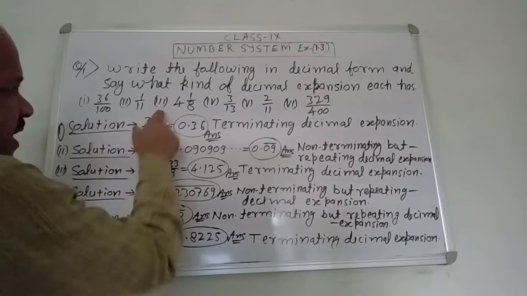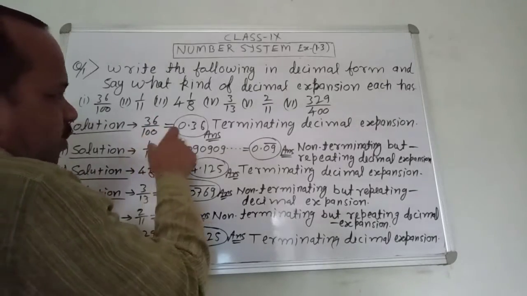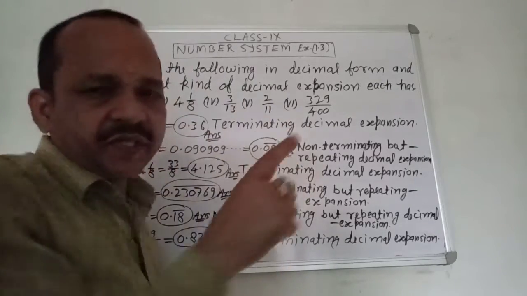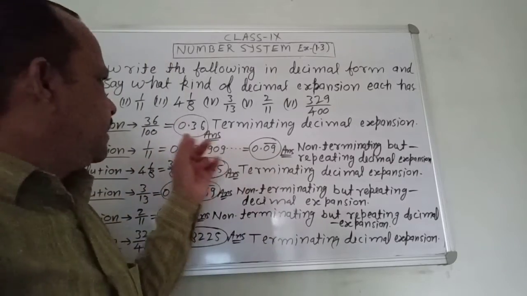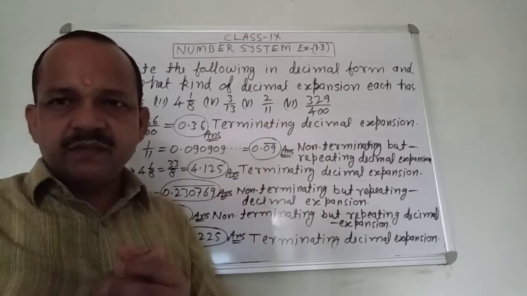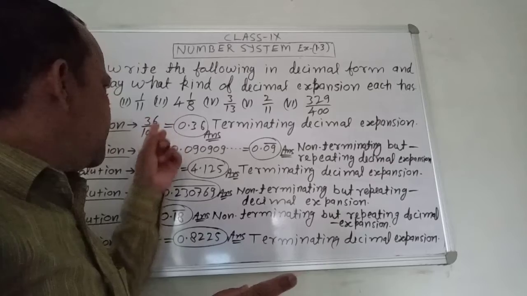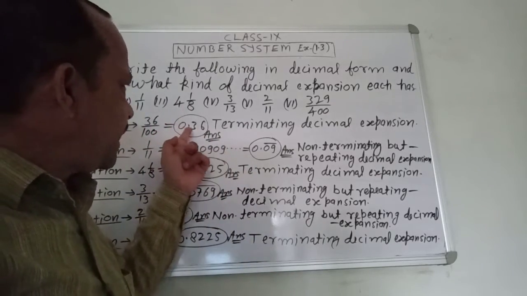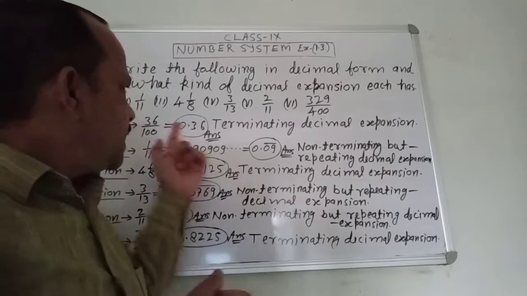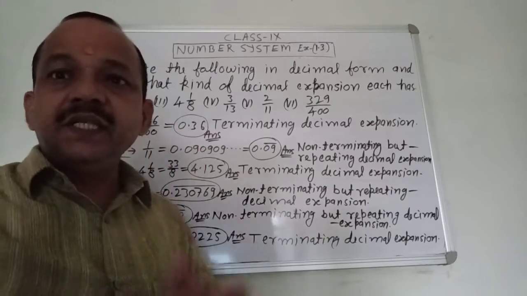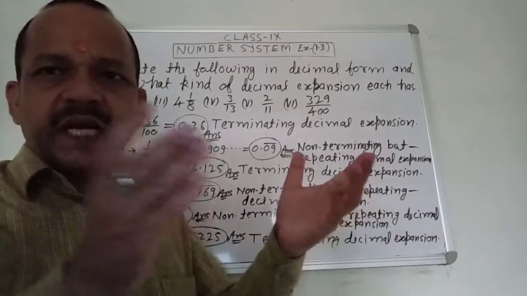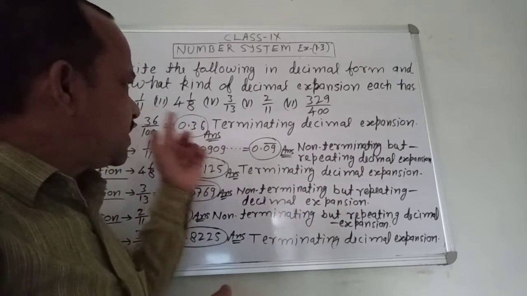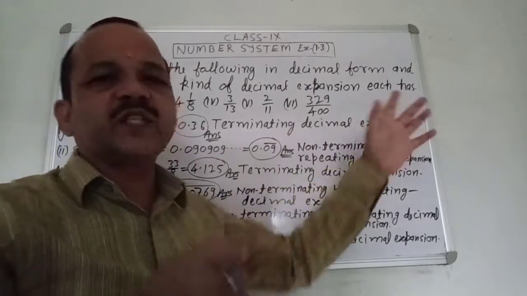First solution, 36 by 100 equals 0.36. How do you find 0.36? You divide 36 by 100, then you find 0.36. 0.36 is terminated, so we can say 0.36 is a terminating decimal expansion.